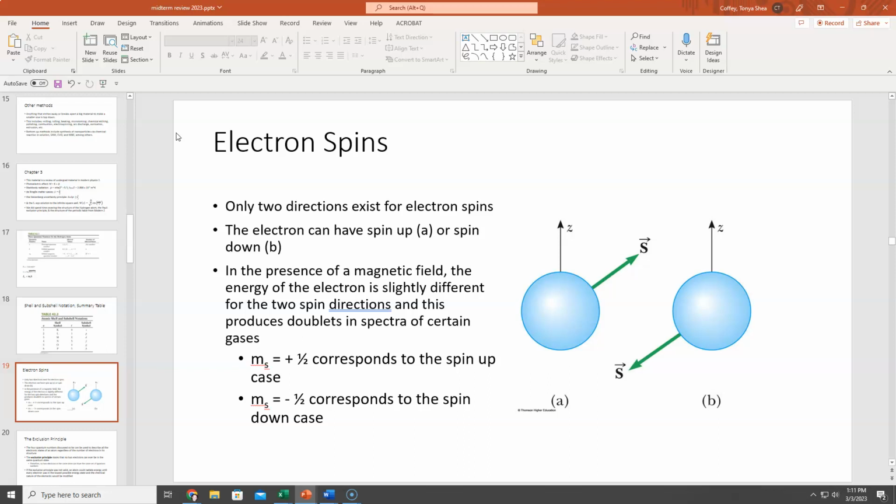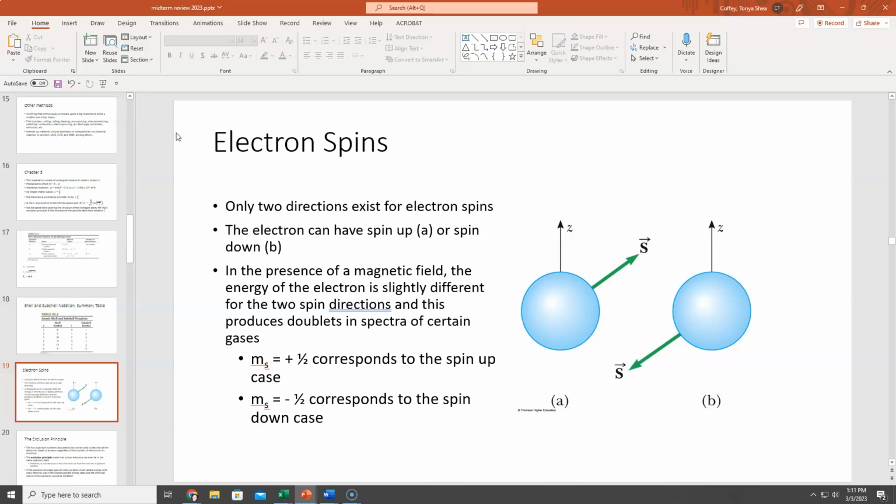What this means is that in the presence of an external magnetic field, the energy of the electron is slightly different for the 2 spin directions, and it produces doublets in the spectra of certain gases. So, for example, if something is spin up versus spin down, the z component of that spin angular momentum will either align or be anti-parallel to that external magnetic field.